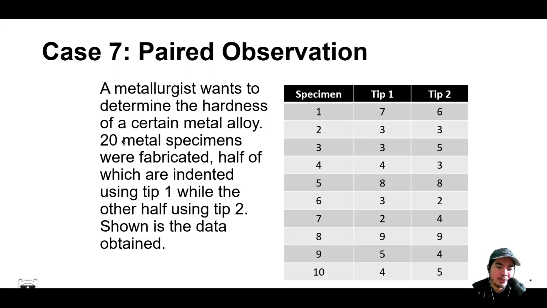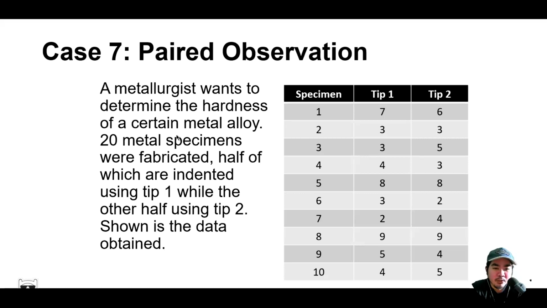So, dito, although medyo pangit yung pagka-state ng problem, we can argue that each metal specimen natin dito is independent of each other. Kunwari yung specimen number 1 for tip 1 is independent of the specimen number 2 for tip 2, kasi hindi naman sila made from the same specimen.